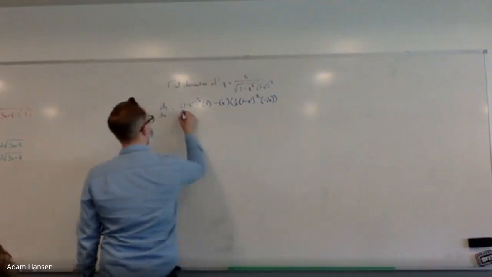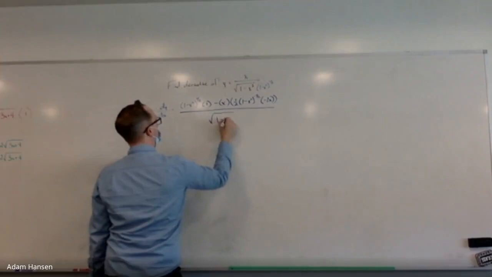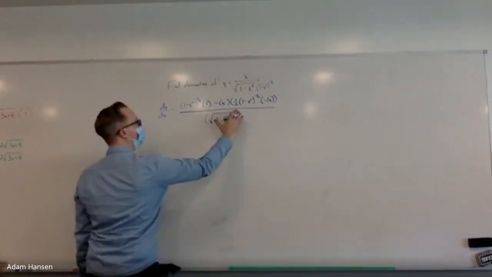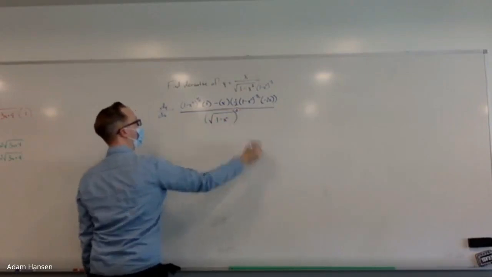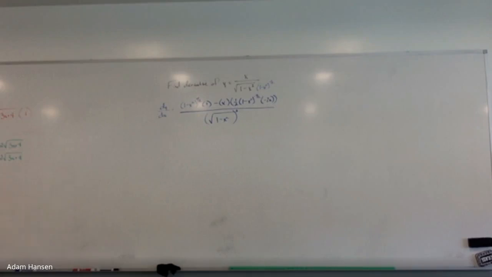All over low squared. So square root of 1 minus x squared, squared. Okay, there's our derivative.